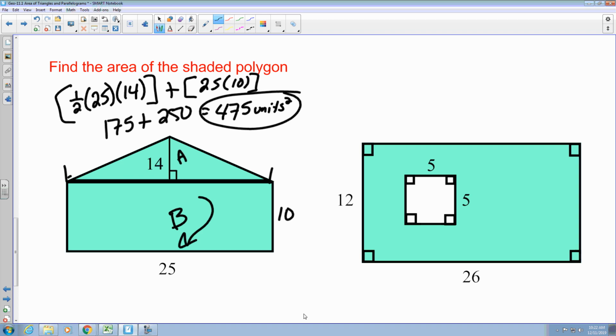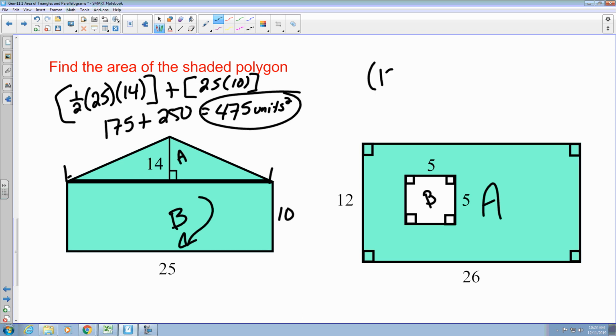On this side here, we have this large shaded area as A, and we got this smaller one here, which is B. The area of B is not shaded, so we're essentially taking that away from the area of A. So it's going to be the area of A, which is a rectangle, which is length times width.